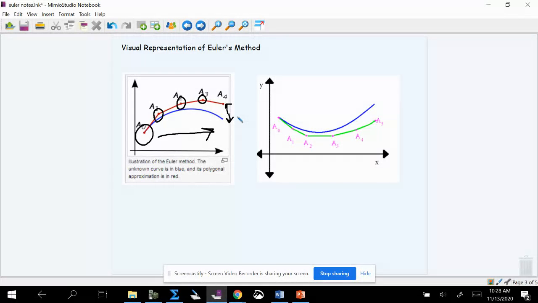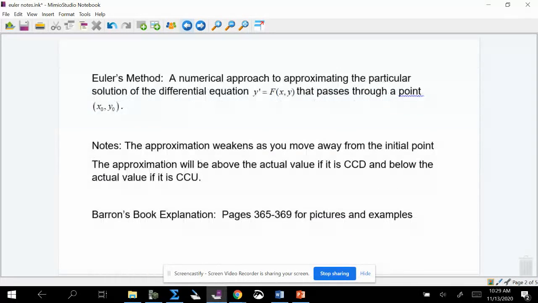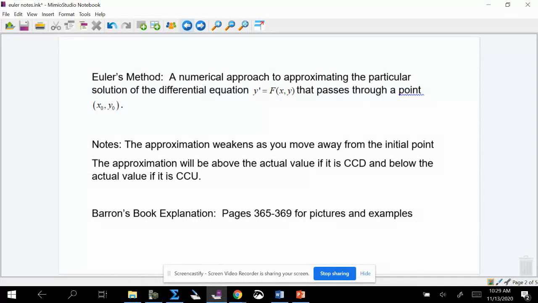And then you notice in the picture on the right, you have your blue curve again. This time my Euler's method, my little segments are these green segments, and you'll notice that my approximation is below the actual. And again, it's spreading out more as we go further away. The approximation really isn't becoming nearly as useful. So that's what I mean by the approximation is above if it's concave down, and below if it's concave up.